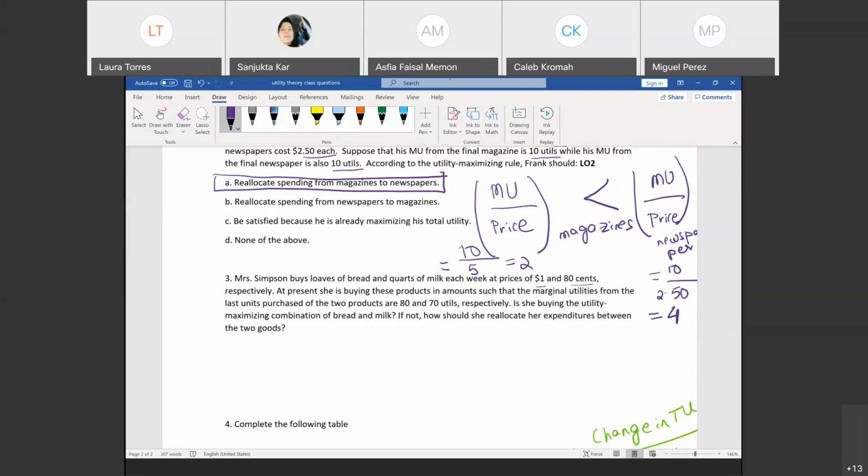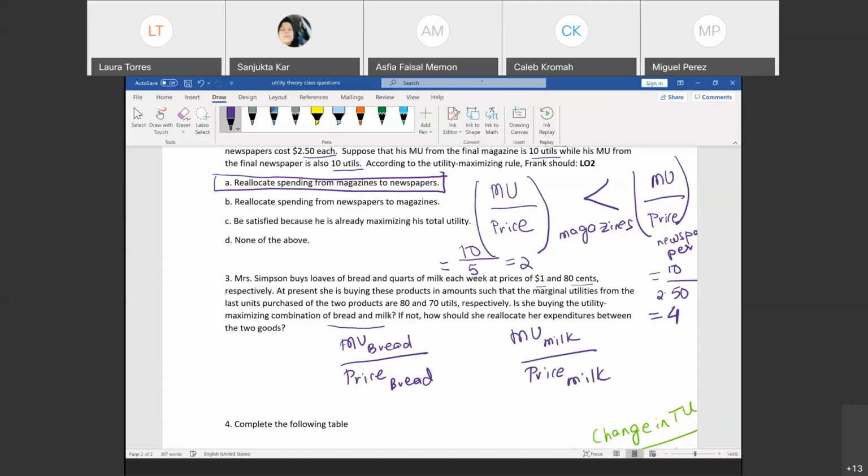If not, how would she allocate her expenses? To find the utility maximizing combination, these two ratios have got to be equal. So you take the marginal utility of bread divided by the price of bread, and the marginal utility of milk divided by the price of milk.